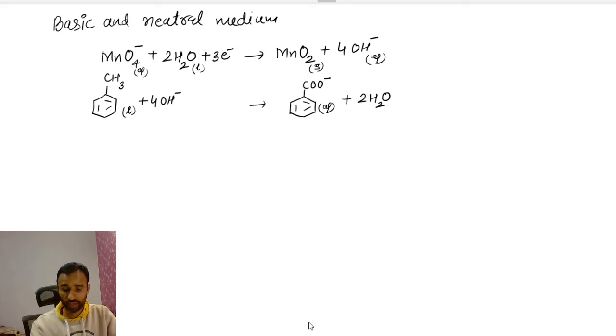So to balance 3 hydrogens, we add H2O to the side deficient of hydrogen and equal number of OH negative ions to the opposite side. So 3 OH negative, that means total 7 OH negative.